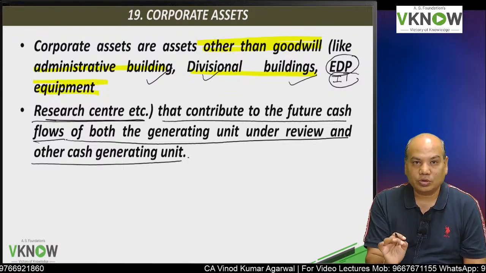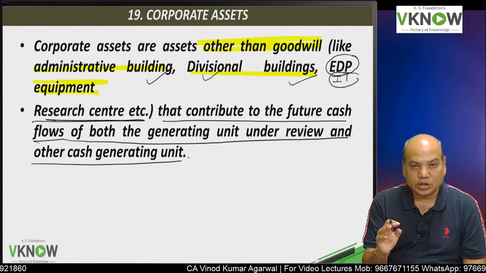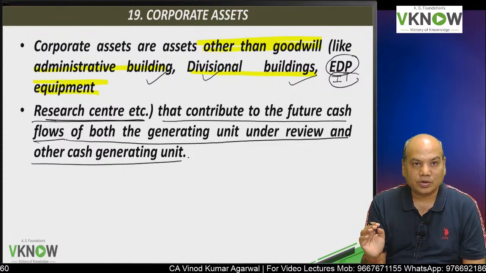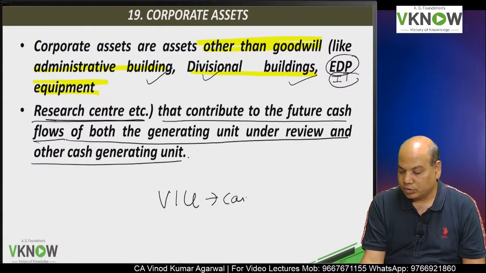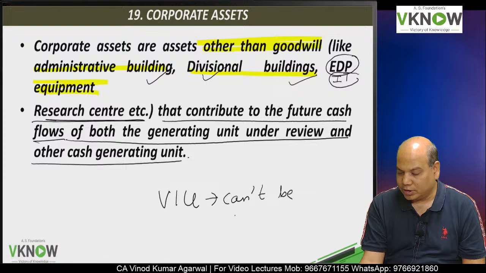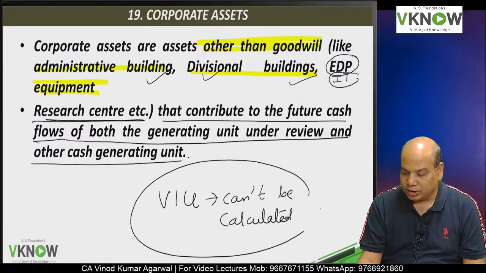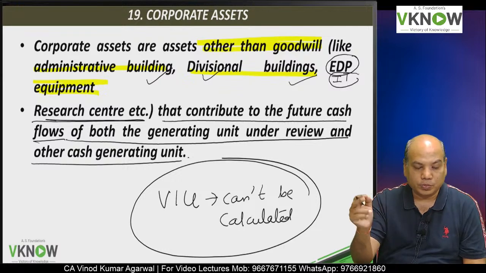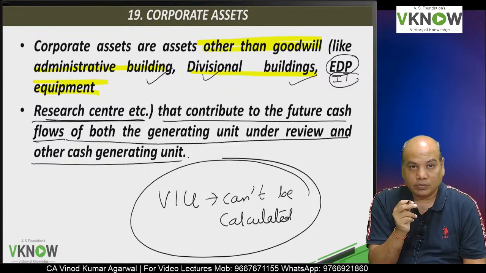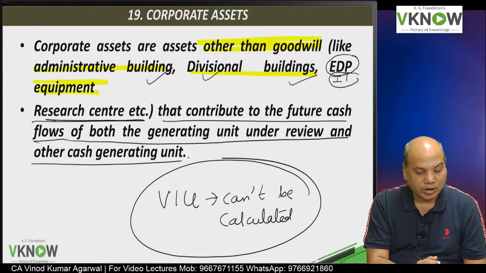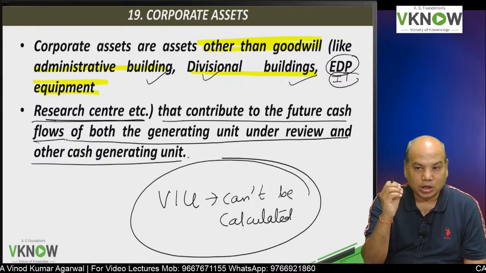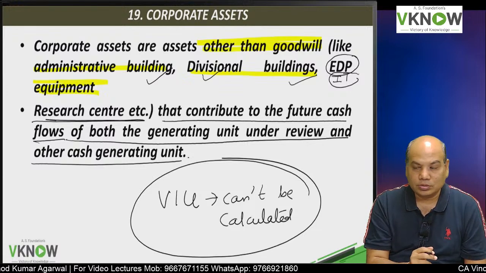That means their value in use cannot be calculated for corporate assets. Why? Because they don't generate cash flow. If they don't generate independent cash flow, how can you compute their value in use?